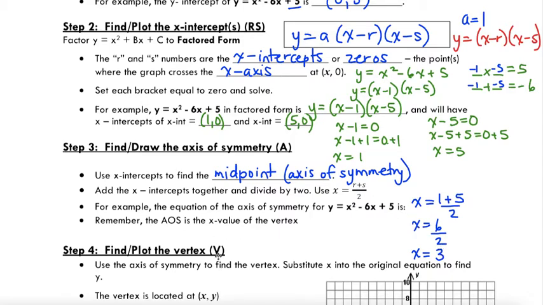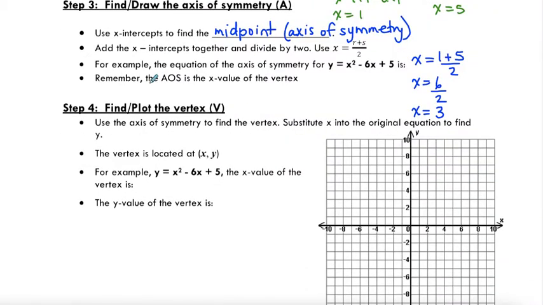So the last thing that we're going to find is our v, which is our vertex. So we know that the axis of symmetry, the x value in our equation, is the same as the x value in our vertex. So we're going to use that information to find the y value, or to find the second part of my vertex.